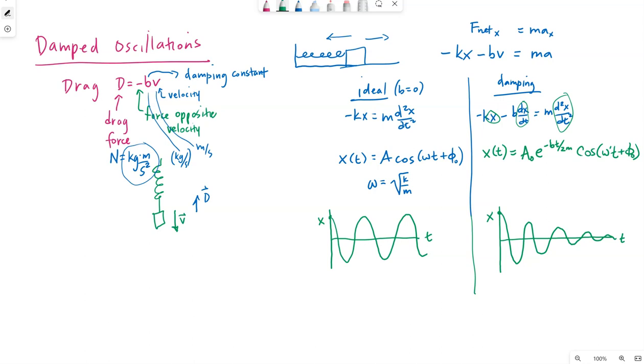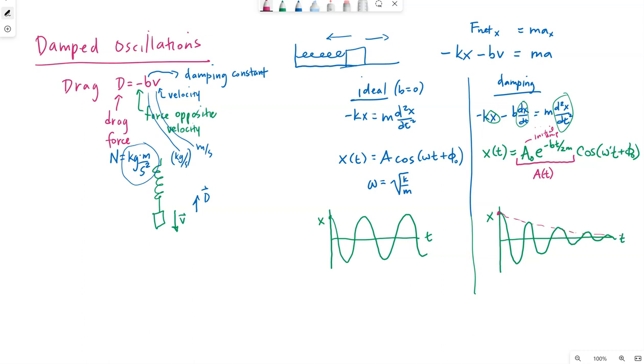So in this new equation for position as a function of time, we have this portion, A naught, which represents the initial amplitude. So up here. This A naught exponential portion, e to the negative bt over 2m, represents how this amplitude is decreasing with time.